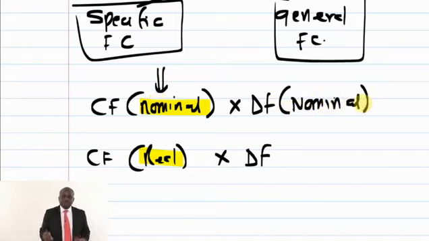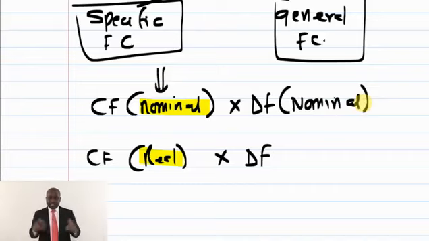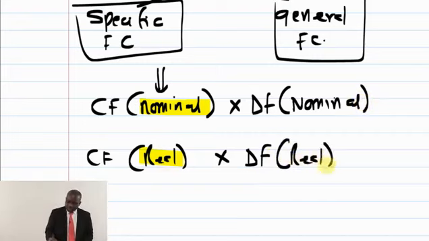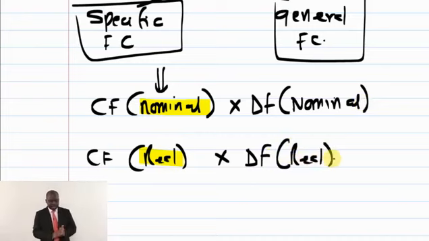You always have to remember that whatever cash flows that you get, it should be corresponding to the discount factor. You have to compare like against like. So if the cash flows are real, my discount factor should also be real. So that is the argument in here.